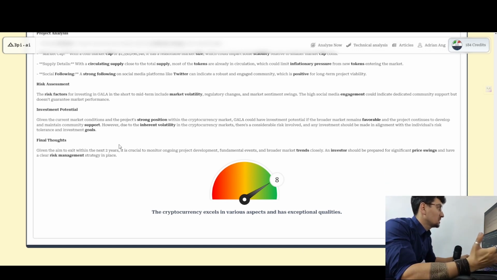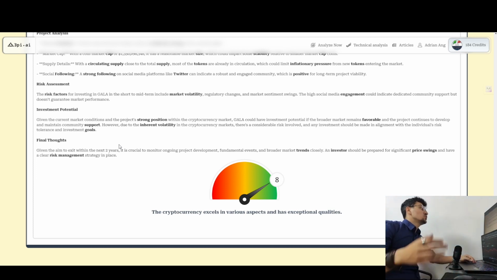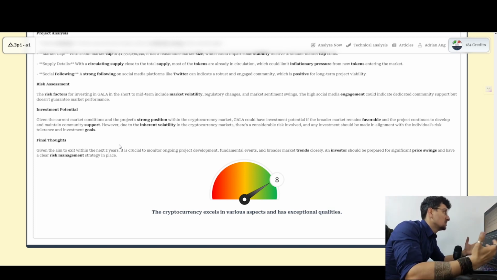Given the current market condition and the project's strong position within the cryptocurrency market, Gala could have investment potential if the broader market remains favorable and the project continues to develop and maintain community support. However, due to the inherent volatility in the cryptocurrency market, there is considerable risk involved, and any investment should be made in alignment with the individual's risk tolerance and investment goals.